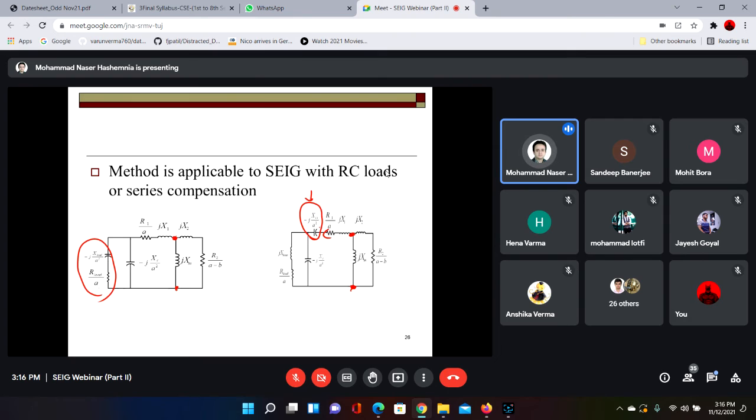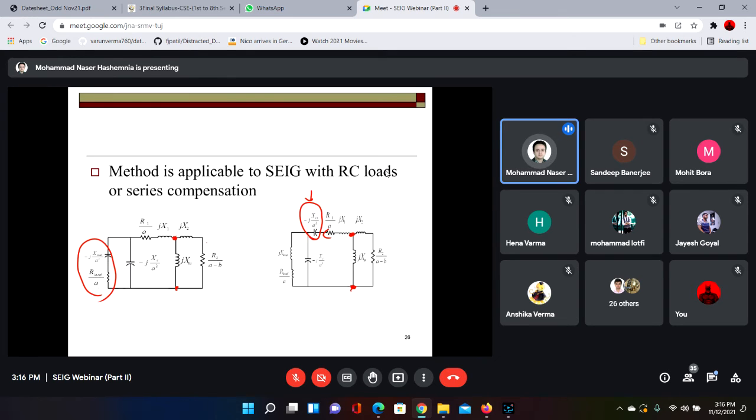Just the circuit equations are different, but you don't want to manipulate these equations by hand. This is in contrast to the previous methods, which you should calculate the real and the imaginary parts by hand and derive that equation. But here you don't want to derive the equation by hand. You just write the values of the branches in your code.